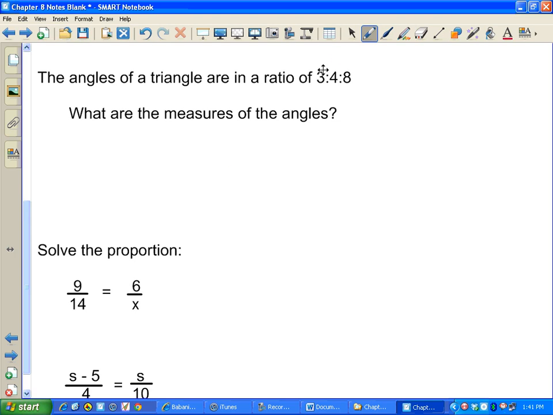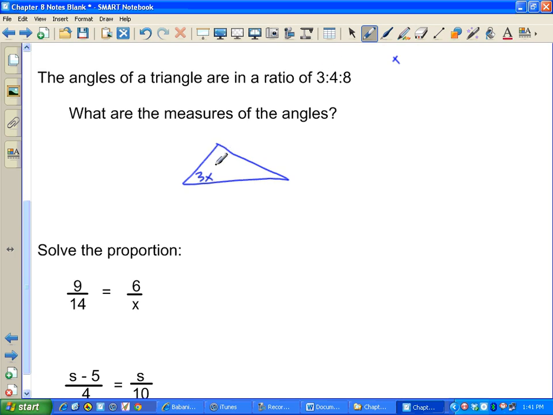Here's an extended ratio, so this is comparing 3 things. It's actually comparing the angles in a triangle. So here's my triangle. I don't know what the angles are, but I know that whatever this one is, I've got one that is 3 of some quantity. So let's say my base quantity is x. So this angle would be 3 of those x's.